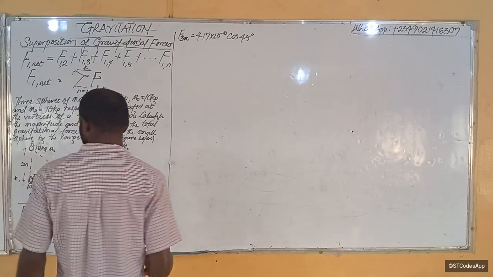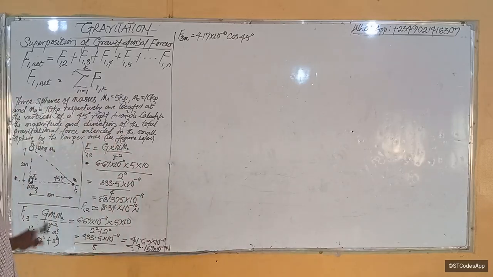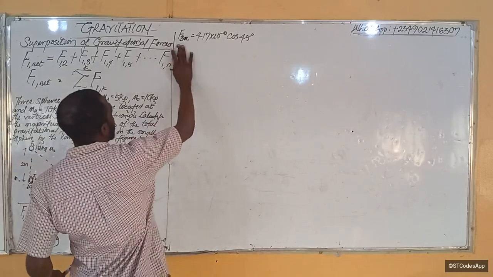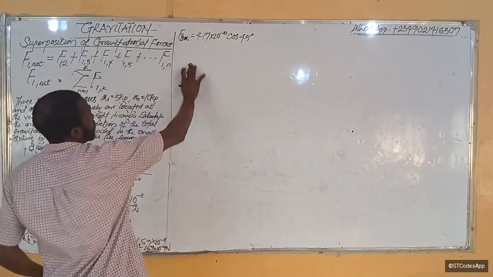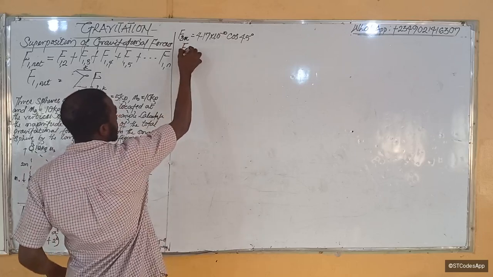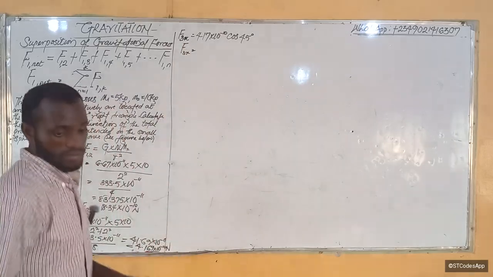Let's first deal with the y component of this guy. Okay, we already know the x component. F3x will be equal to that, cos 45.